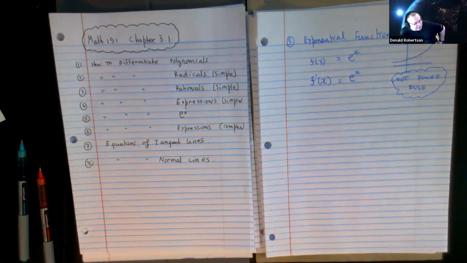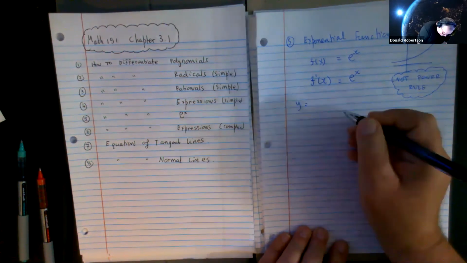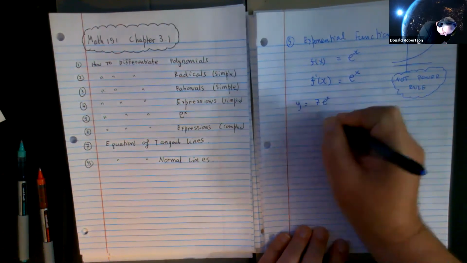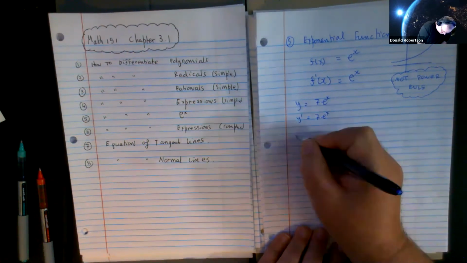It's one of the few functions that I very, very rarely ever screw up when I differentiate it. Can you see how it's hard to screw up the derivative of e to the x, right? Kind of is, right? So here are some very simple examples. 7e to the x, its derivative is 7e to the x.